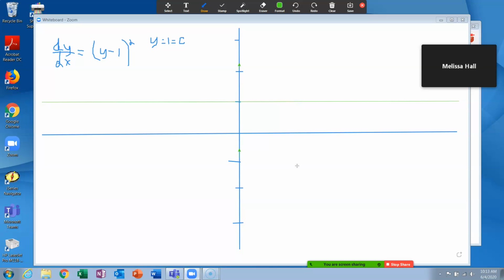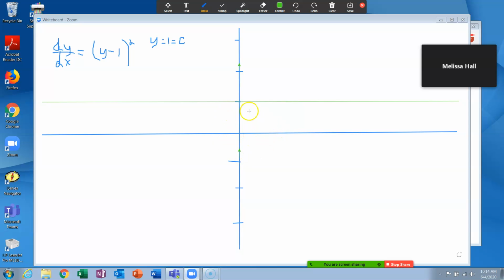Okay? Now, here they give us an initial condition. For an initial condition with x equals 0, y is equal to y0, but this y0 is something less than 1. So that means your initial condition is in this region down here.